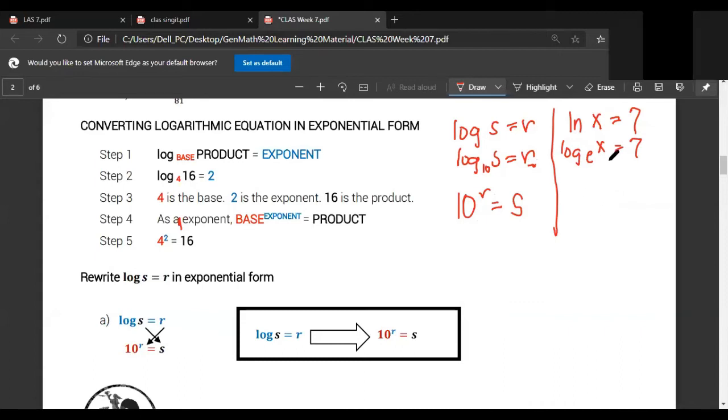So we have logarithm of x with the base e is equal to 7. Now, since it's in logarithm, we can simply transform this into its exponential form. So we have e raised to its answer 7 is equal to x. So e raised to 7 is equal to x.